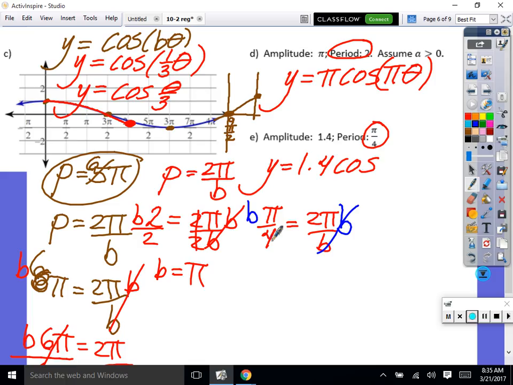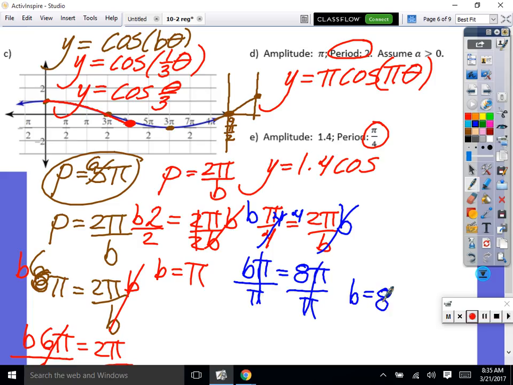So we would then multiply by 4. The 4's divide out. So we have b pi equals 8 pi. Divide by pi. So b equals 8. So we would know it'd be 1.4 cosine of 8 theta. Do some algebra for those.